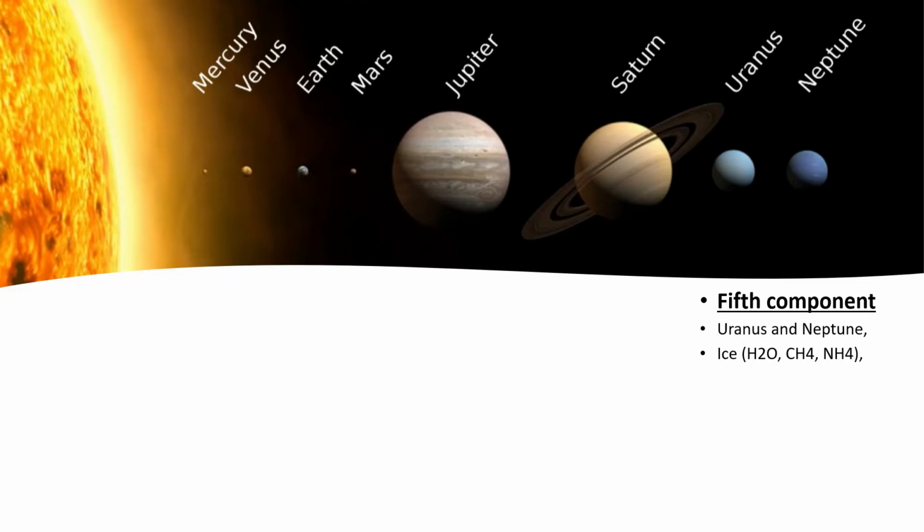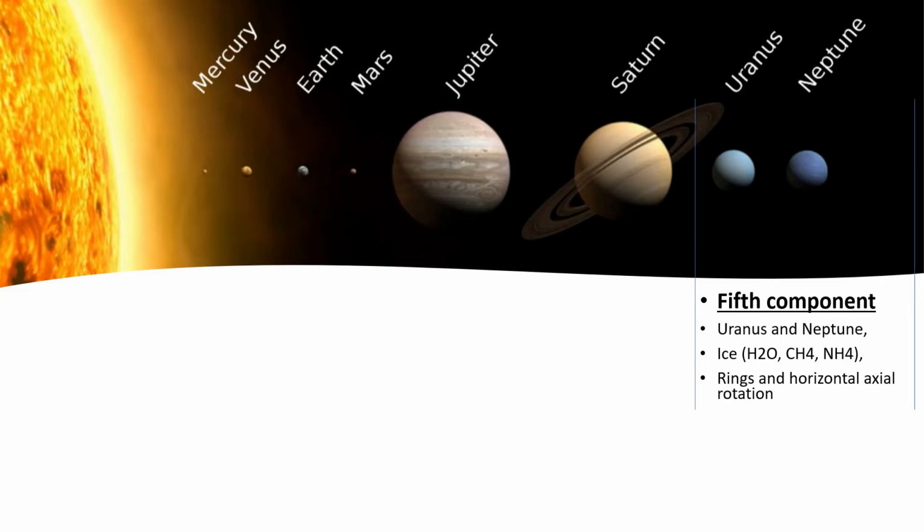These components are there, and it is observable that the element carbon, which is a source of life, also composes these planets. These two planets also have rings and asteroids around them.